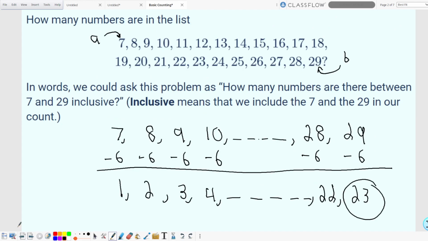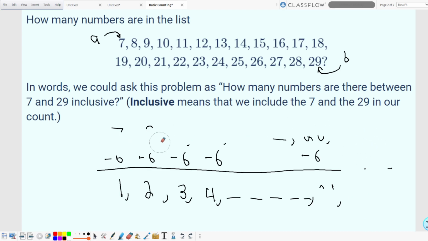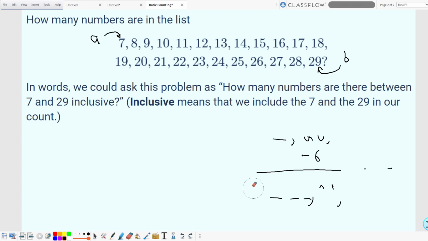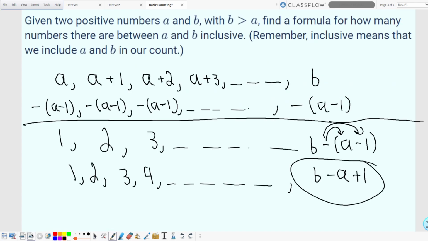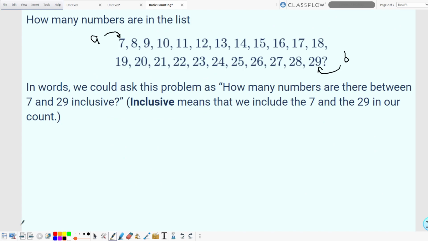And we can verify that with the last problem, 23, right? So if we look at our values for A and B, A is 7, B is 29. I'm going to erase some of this old work since we already have it. Okay, so remember, A is the starting value, B is the ending value, and apparently this formula, B minus A plus 1, will get us all the numbers between the two.